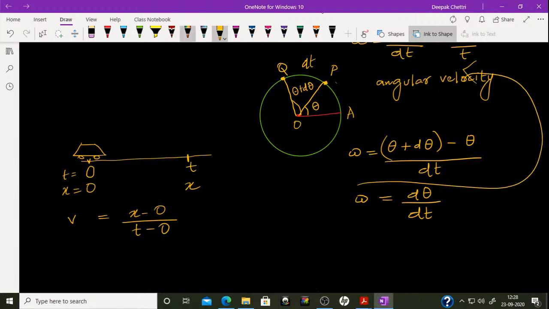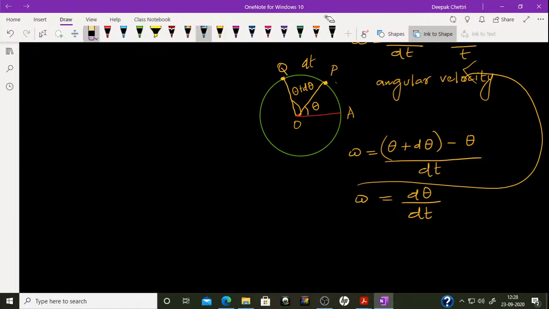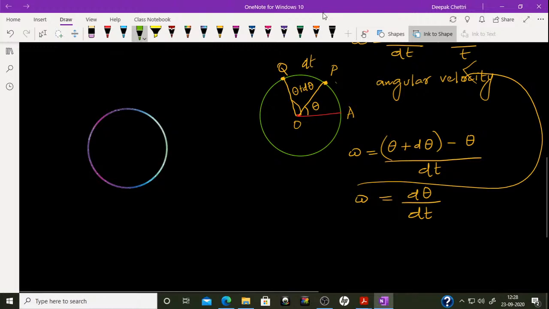Now, let me simplify this. Let us say the object starts from this point here, let us call it A, and after some time it reaches this point, let us call it B. Let us say it takes time t, and the angle is theta.